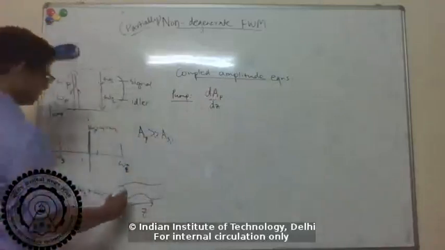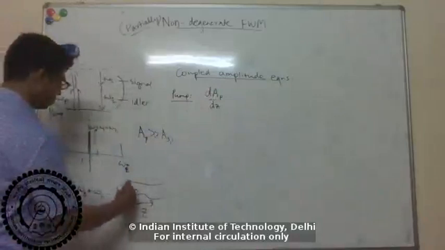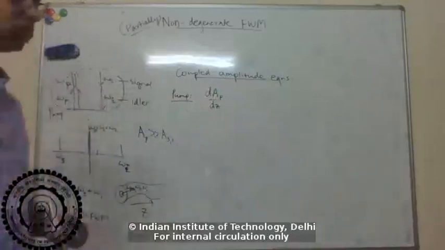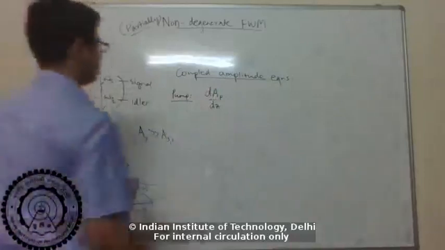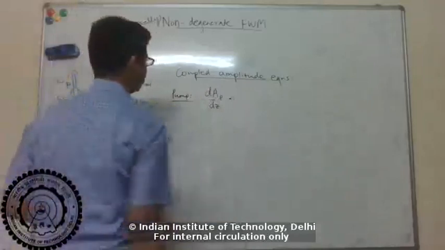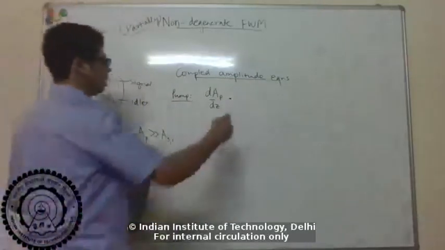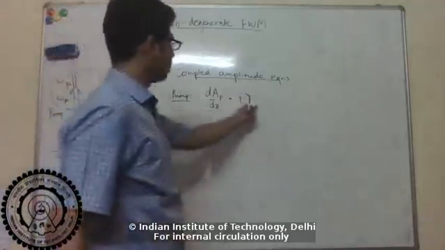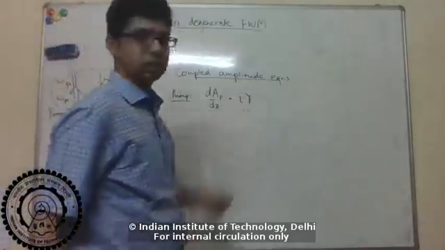Right. So all these three, omega p, omega s, omega i, are traveling down the waveguide or fiber. So dAp by dz will be, of course, I have this nonlinear coupling constant gamma, right?